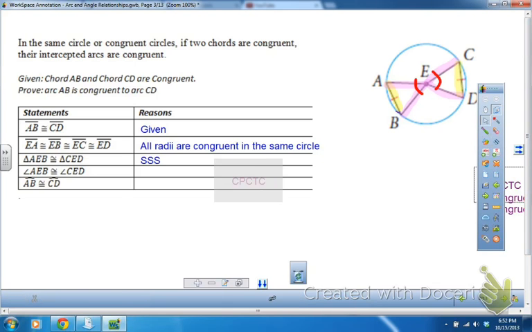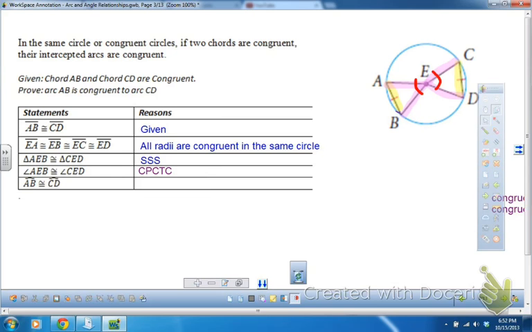That is one of the important ones that we were supposed to learn back in Unit 1: once you have proven two triangles are congruent, then all other parts of those two triangles are also congruent. CPCTC stands for corresponding parts of congruent triangles are congruent.